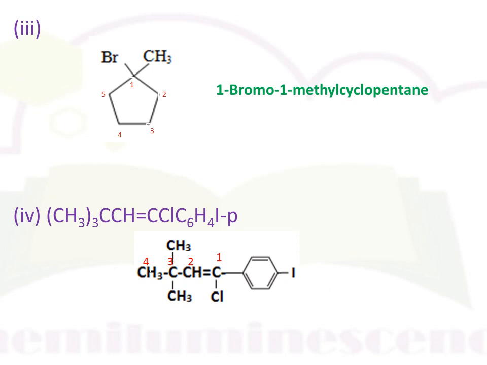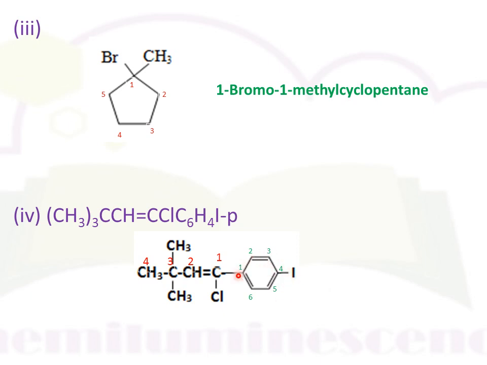We indicate this substituent by numbers. So first give a number to the carbons of this ring. The numbers are in this way. Why does this carbon have number 1? Because it is bonded to the parent chain. Hence it comes as number 1. By this numbering the iodine comes at place 4.